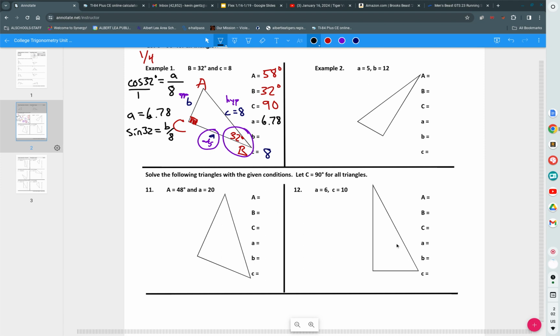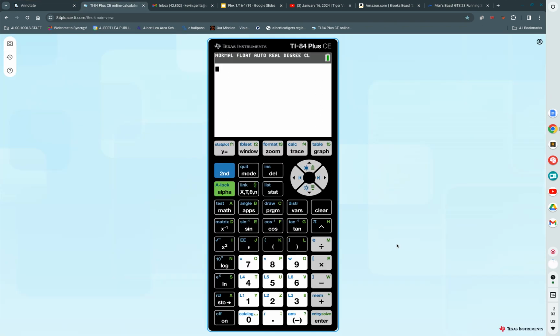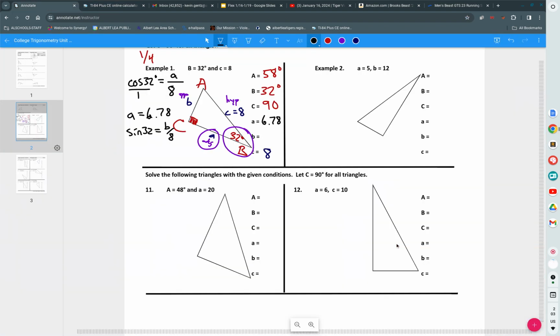If you have 2 sides, you could come up with the third side. Agreed? I don't care what you use. It's up to you. Pythagorean theorem, or I like the sine of 32 is B over 8. I just go to my calculator and I type in 8 times the sine of 32, and I get the grand total of 4.24.